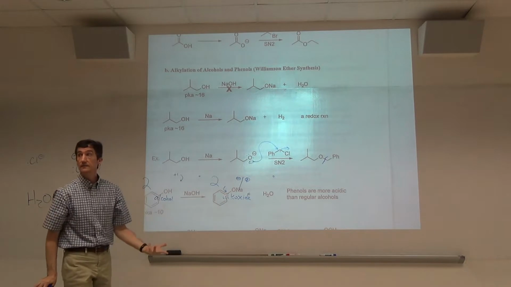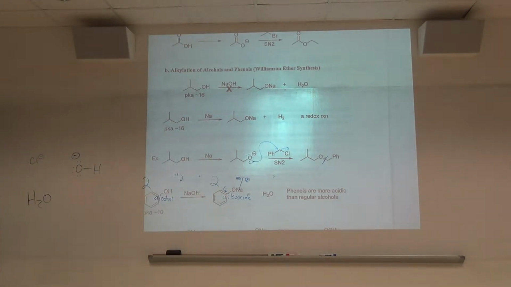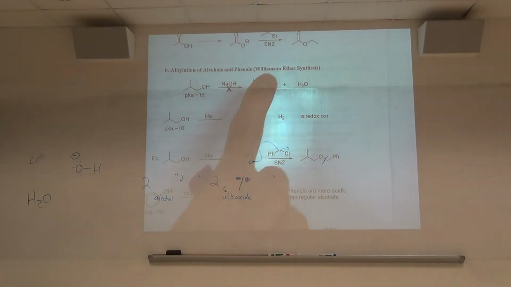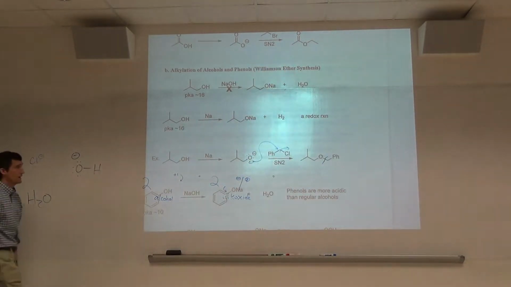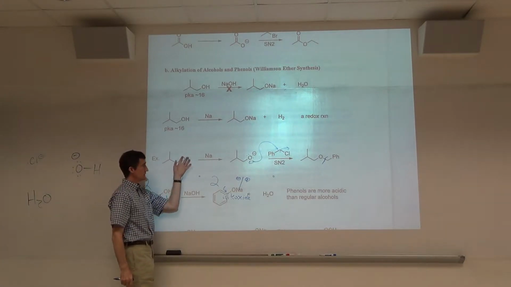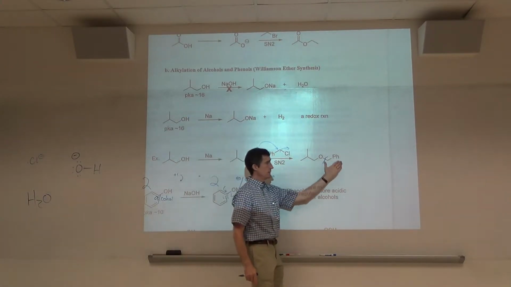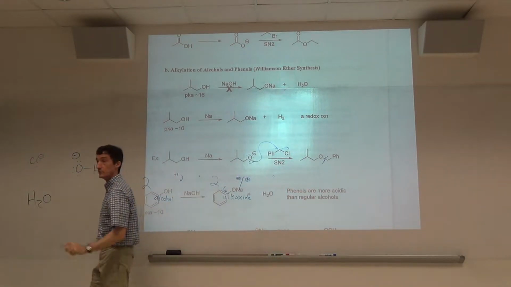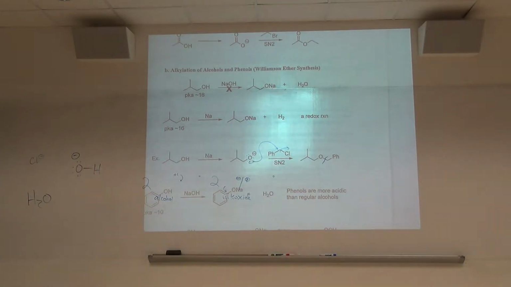We've alkylated the oxygen and added another alkyl group. What's the name of this process? Williamson ether synthesis. Because the alcohol is now converted to an ether. Whenever you add the extra alkyl group, it's now an ether.